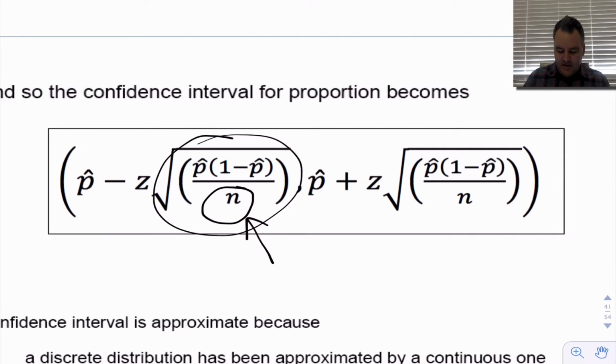The other thing is this z value here. The bigger this z value, the wider your interval. So if you want to be 99.99% confident, then this z value is going to be big and your interval is going to be really wide. So that's why we choose 95% as being pretty reasonable statistically.